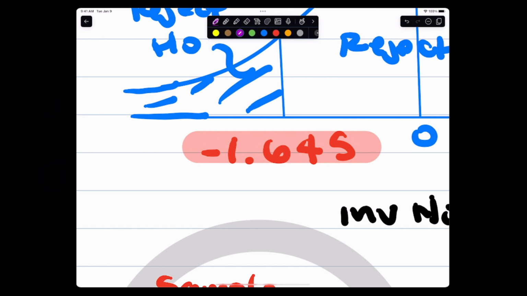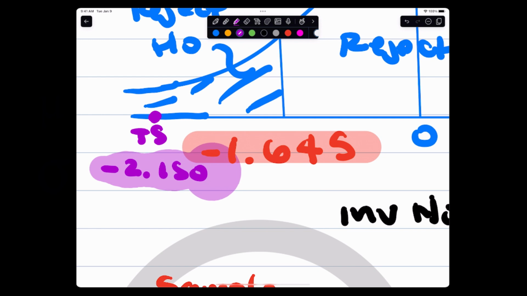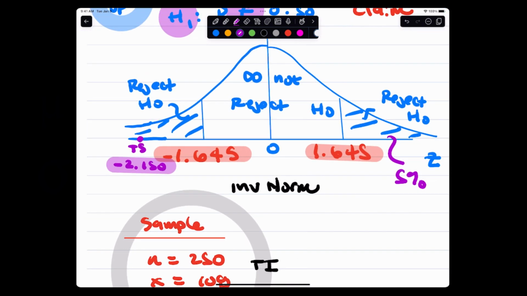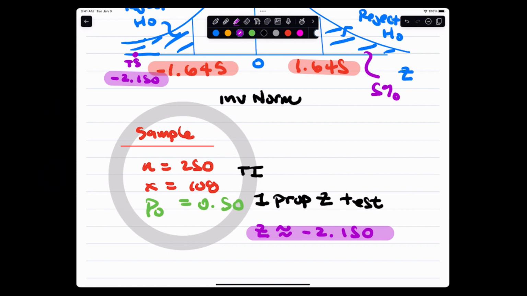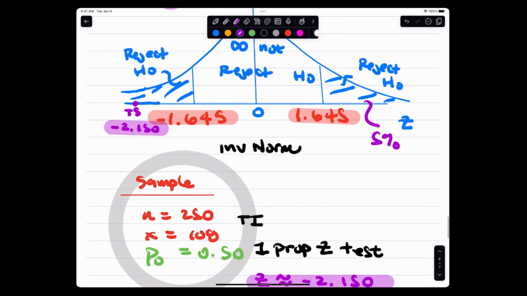So I'm going to label it over here. I want you guys to see that. Your test statistic is negative 2.150. You guys see that there? What neighborhood is that in? You're going to reject the what?